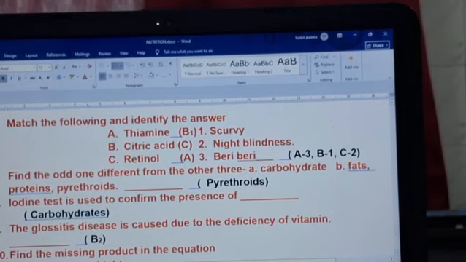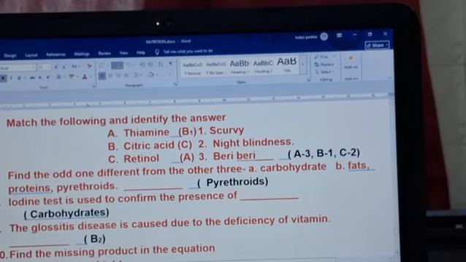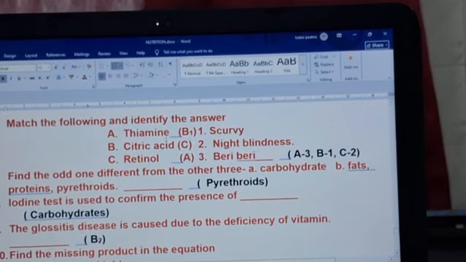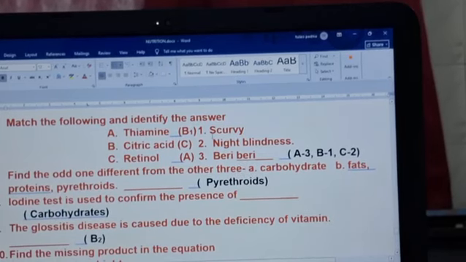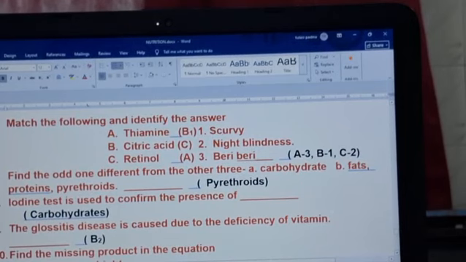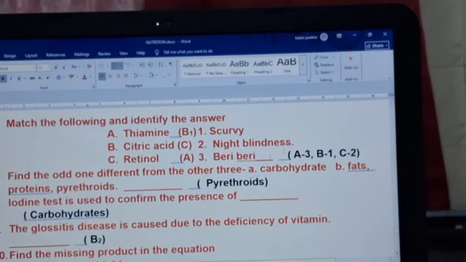These are the components present in the body, the deficiency of which is responsible for scurvy, night blindness, beriberi.